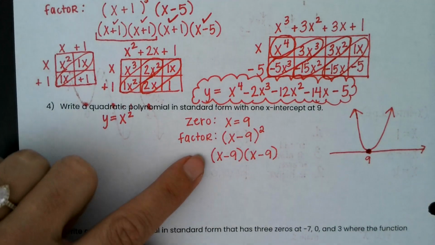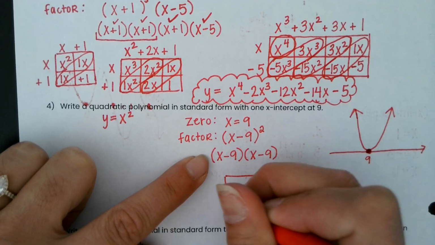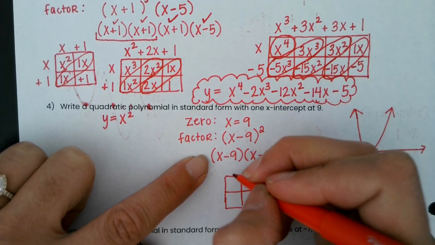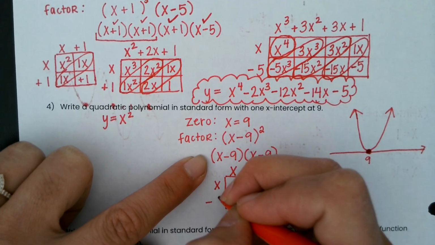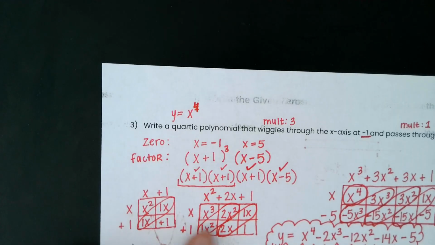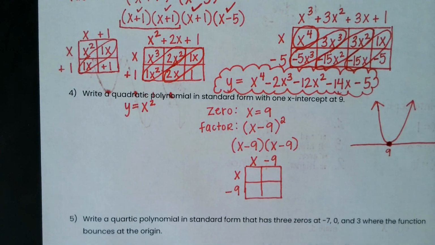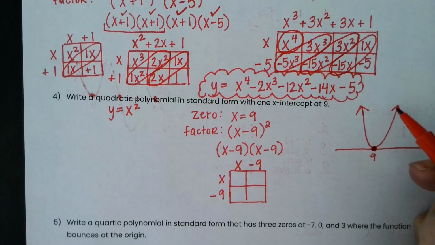All right, but that's not hard. All we have to do is one little box for this one to multiply x minus 9 times x minus 9. Not 4 boxes. Well, the last one we did 3 different boxes, right? We only have to do one box, and we should get an x squared equation. And it'll actually be the equation for this graph right there.